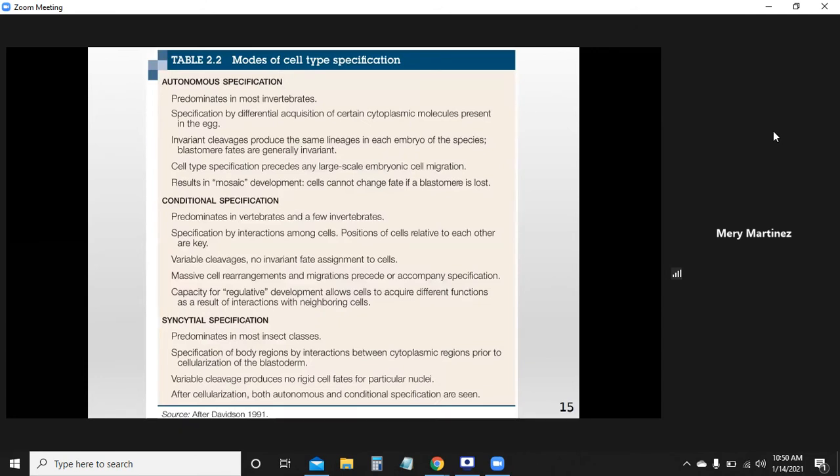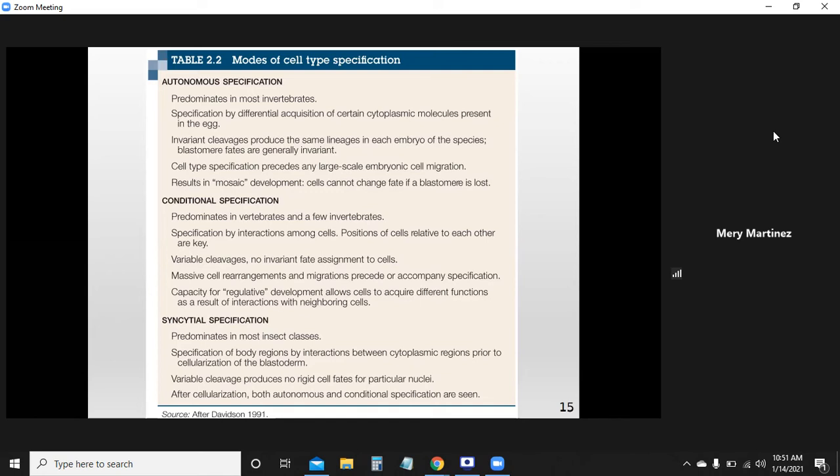So in summary, we have the autonomous specification predominant in invertebrates, conditional in vertebrates and invertebrates, and syncytial mainly in insects. In the autonomous specification, the specification is acquired by the cytoplasm molecules present in the egg. So we're going to have transcription factors, we're going to have morphogens, okay? And cell type specification precedes any large-scale embryonic cell migration.